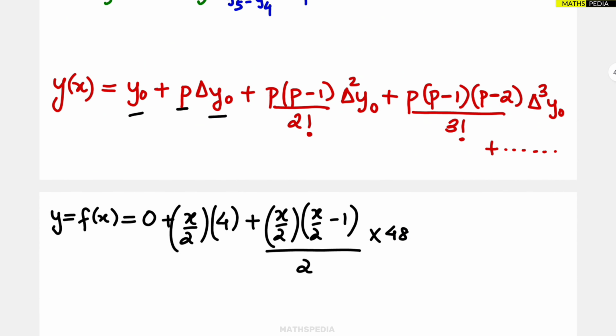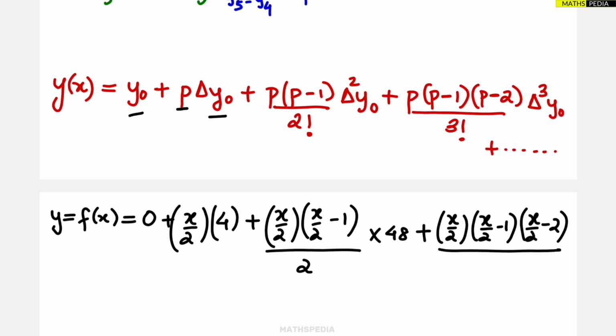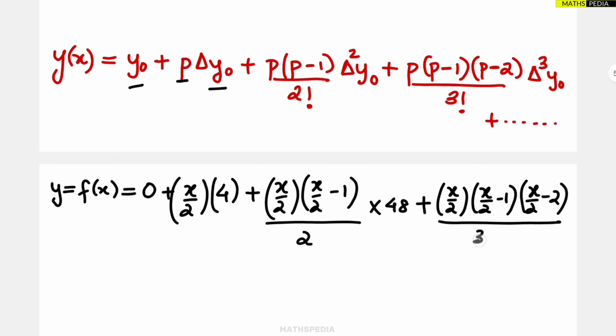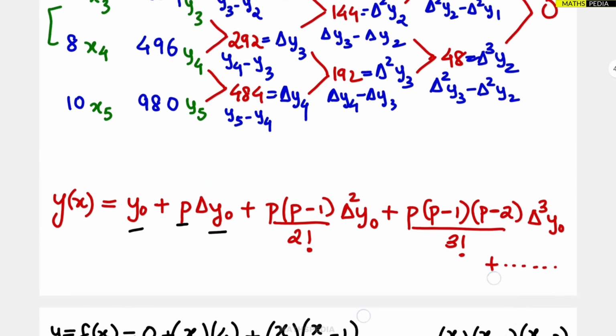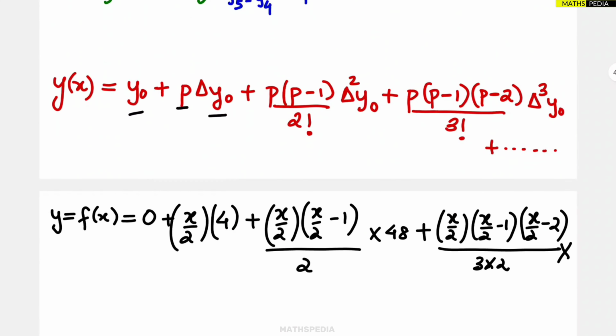So write 48 plus. Now here again x by 2 into x by 2 minus 1 into x by 2 minus 2, whole divided by 3 factorial, which is 3 into 2 into 1. Now into delta cube y0, it is again 48. So I'll write it over here, 48.